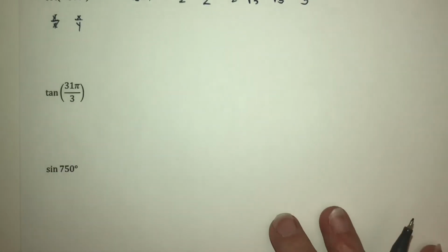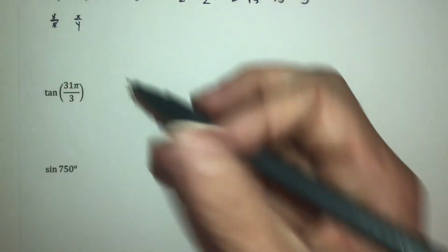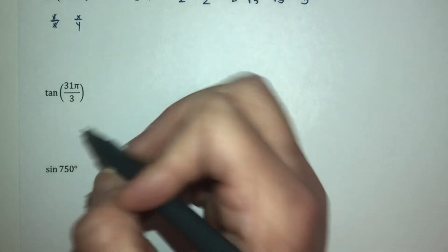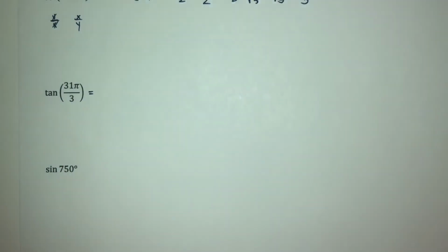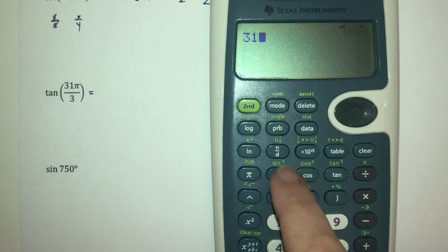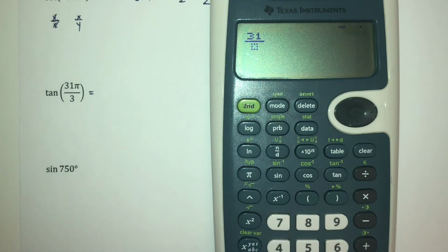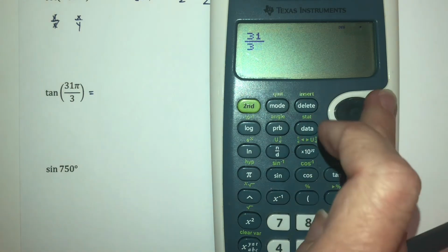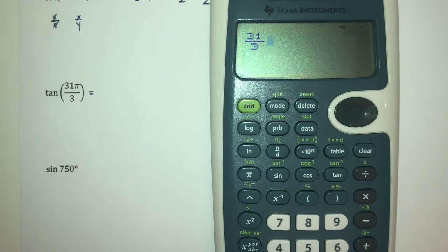Okay, let's find tangent of 31 pi over 3, and I'm going to need to figure out what that is coterminal with. And if you recall what we do, the easiest way to do that is to think of the pi as a variable and just write in the fraction part and then subtract 2 every time until you get something that is between 0 and 2.